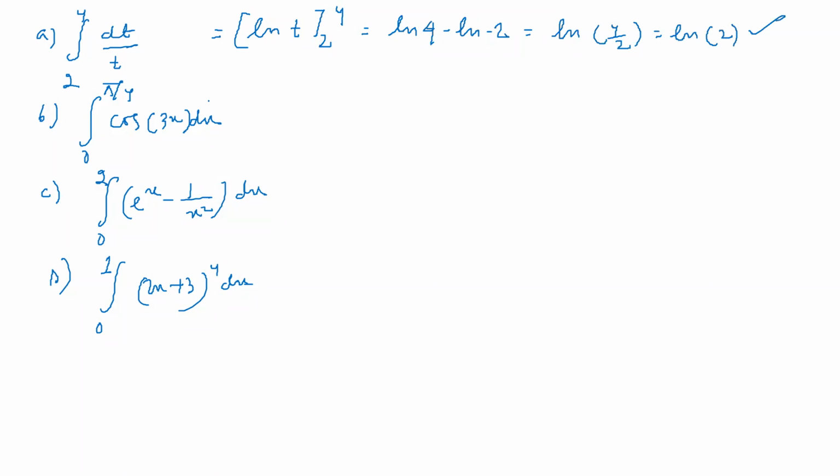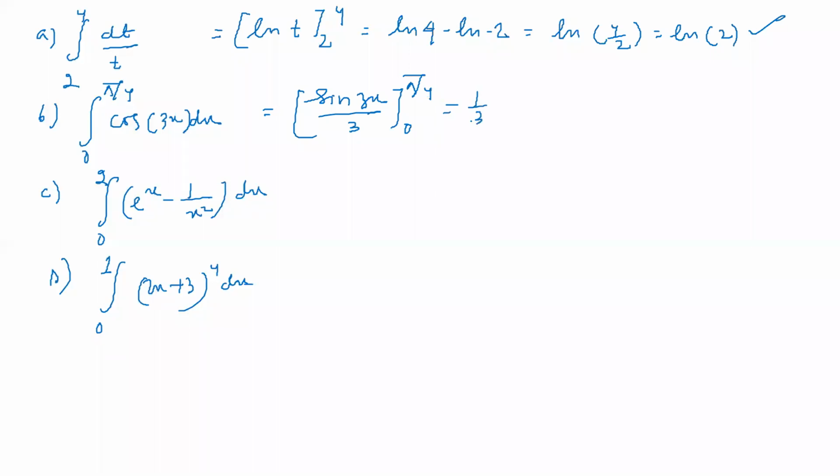Next, students, see cos 3x dx. What is the integration of cos 3x? Not sin 3x. 3x will be taken as t, as it is not in the direct integration formula. So the integration of cos 3x is sin 3x whole divided by 3, and the angle is from 0 to pi by 4.